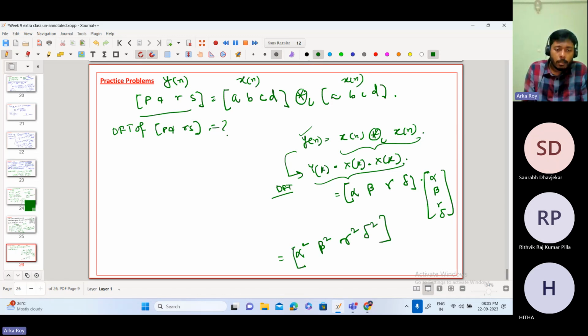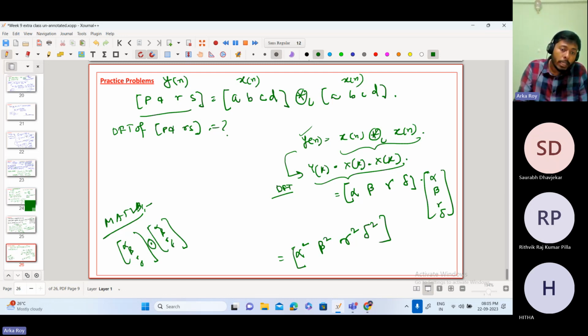Or in MATLAB, if you have alpha, beta, gamma, delta and alpha, beta, gamma, delta, you need to do element-wise multiplication, or we call it the Hadamard product.